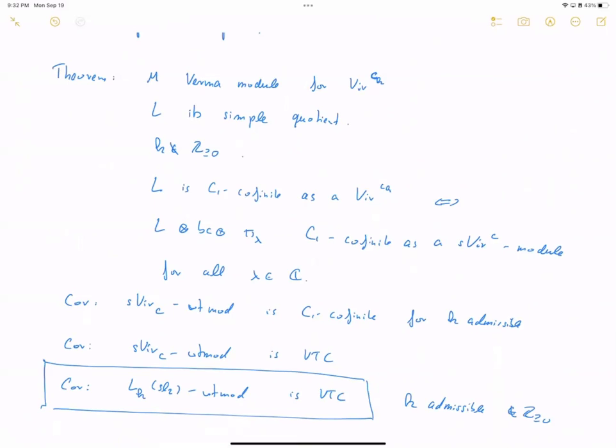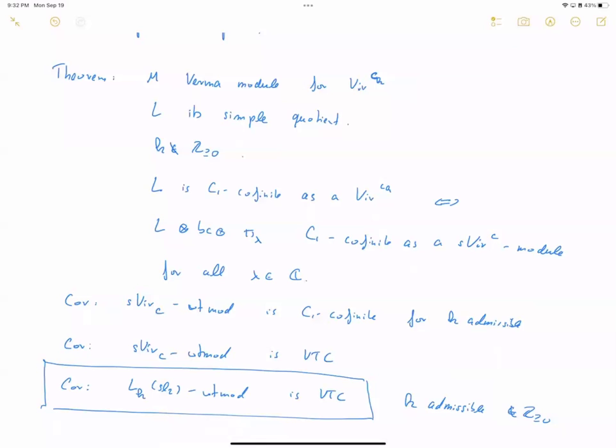That's a theorem. And how are you defining this category exactly? You say weight module. Yeah, it's really just the category of modules for the super Virasoro algebra that have the weight condition, and they are modules for the simple super Virasoro algebra. Okay.